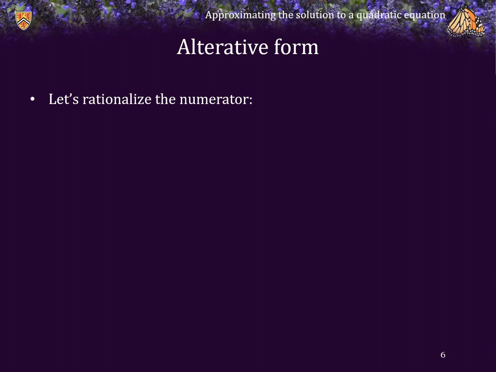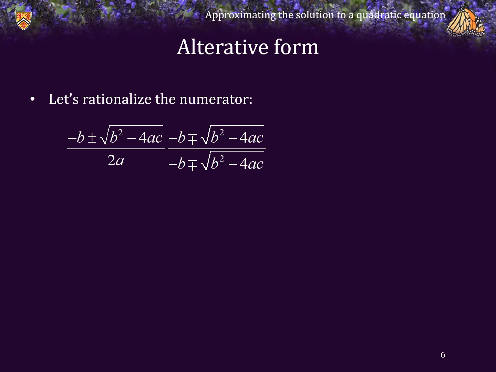All right, can we find an alternative form? Well, let's rationalize the numerator. Rationalize the numerator? Well, yeah. So let's just multiply both the numerator and the denominator by the radical conjugate of the numerator. So we're multiplying by 1.